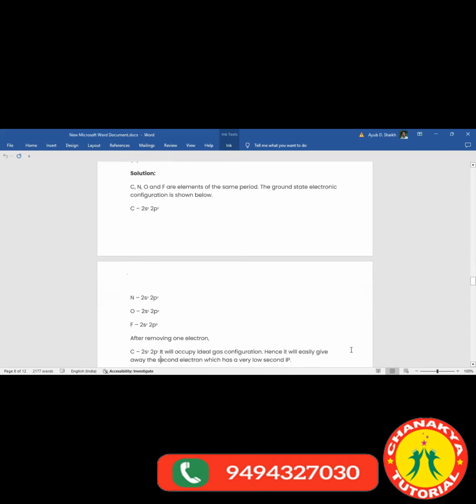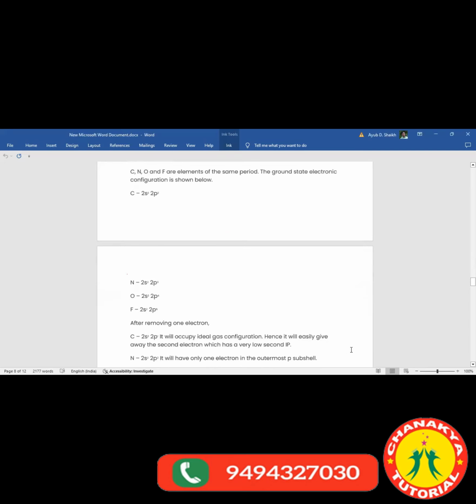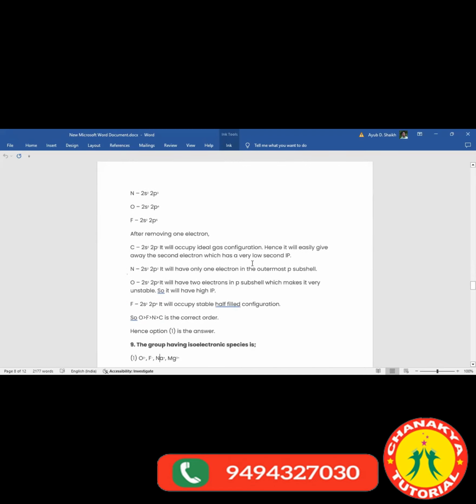So these are the electronic configurations for carbon, nitrogen, oxygen, and fluorine for the outermost shells: 2s2 2p2, 2s2 2p3, 2s2 2p4, and 2s2 2p5. After removing one electron, what would remain? Carbon will become 2s2 2p1, nitrogen becomes 2s2 2p2, oxygen becomes 2s2 2p3, and fluorine becomes 2s2 2p4.